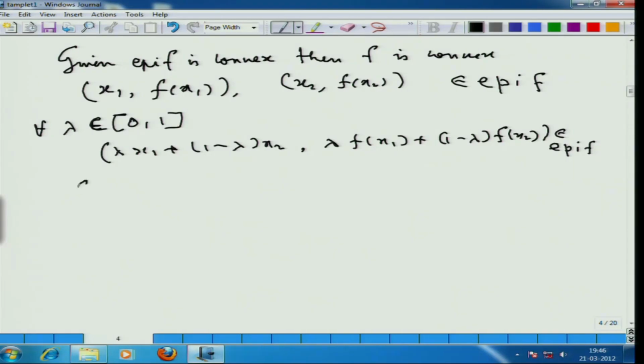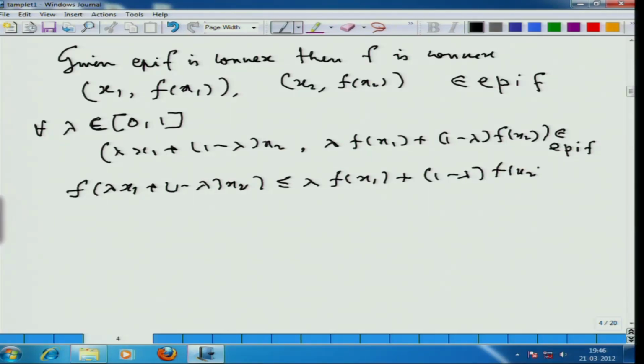Again, by the definition of epi f, it simply means that f of (lambda x1 plus (1 minus lambda) x2) is less than or equal to lambda times f(x1) plus (1 minus lambda) times f(x2). So, in many cases, the modern definition of convex functions is given in this way, that a function is a convex function if the epigraph is a convex set. So, here we go back to the usual definition of a convex function. I will just rub this to make it all right.